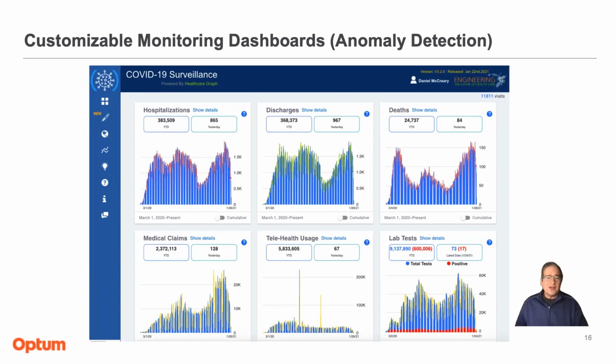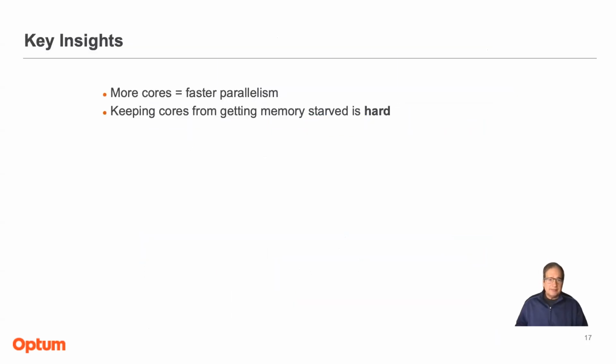So those are all things where we need these graphs to really scale. So, two key insights. More cores distributed across a network means faster processing and better parallelism. Keeping these cores from getting starved is a huge problem. If they need to access a subpart of the graph, and remember, we can't use the same predictive models we see in traditional compute.